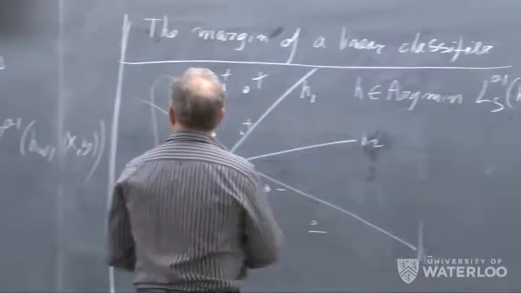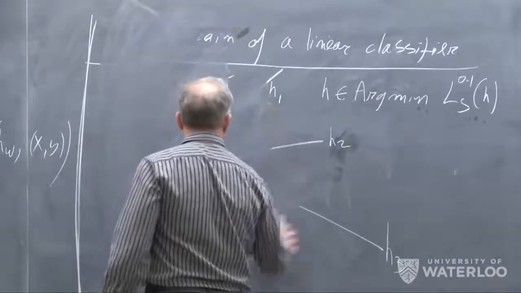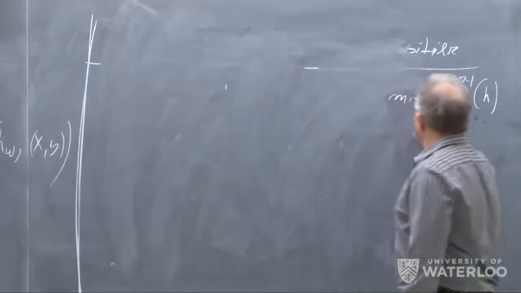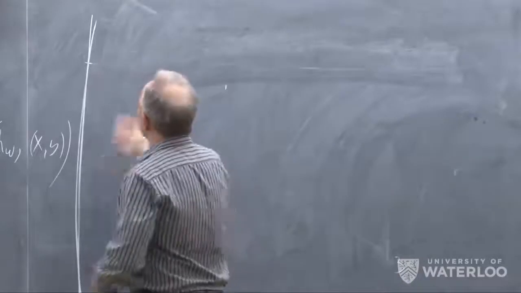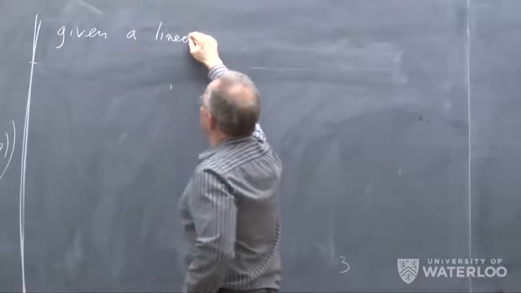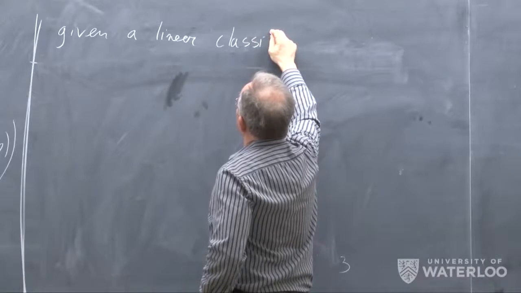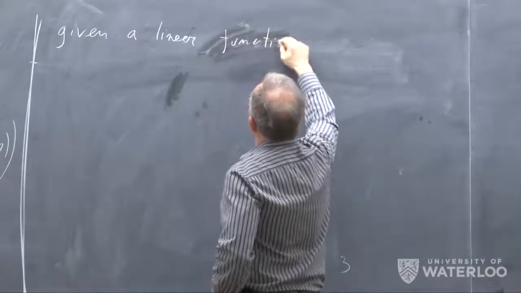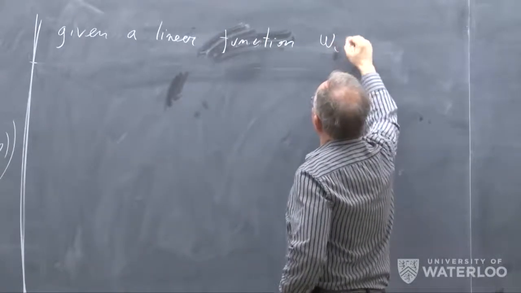So my next claim is, we want to define the margin of a point from a hyperplane. So given a linear classifier or a linear function which is determined by w, b.